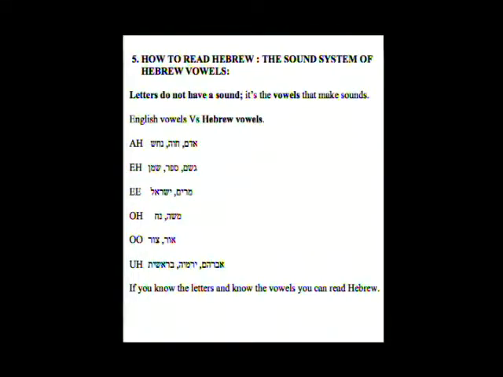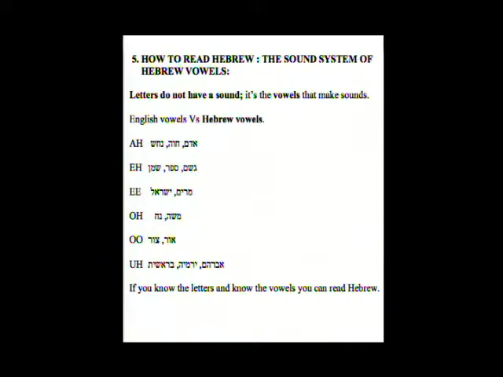Now, in Hebrew, all of the letters are consonants, which means they're all used as letters. Sometimes there are a few letters that are used as a helper, but in general, they're all consonants, and the Hebrew letters do not come as vowels.